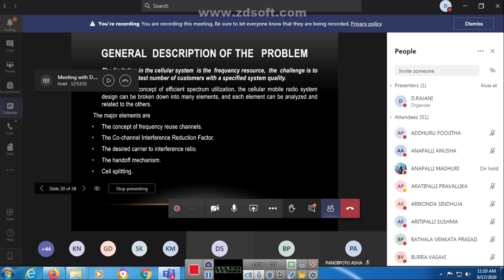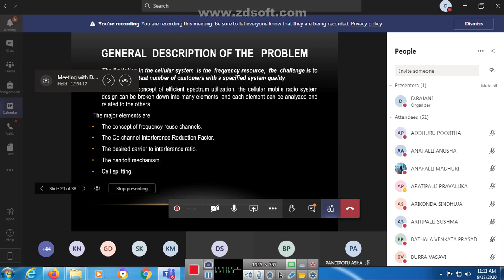For a cellular mobile radio system, if you want to design it, then after designing the technology, even though it has some disturbances, where those disturbances will occur and how we can take the remedy for the problems, we can see here.